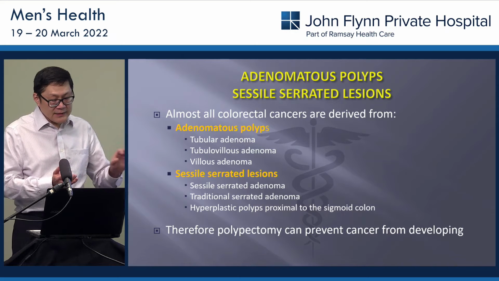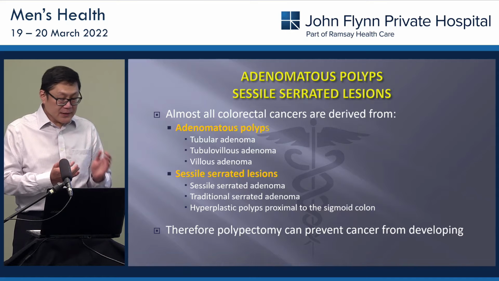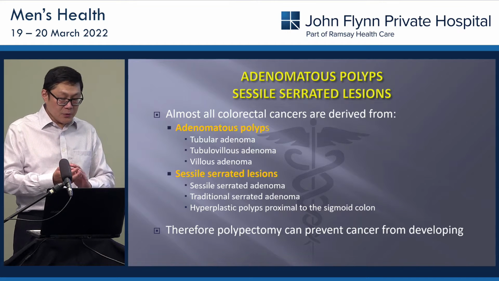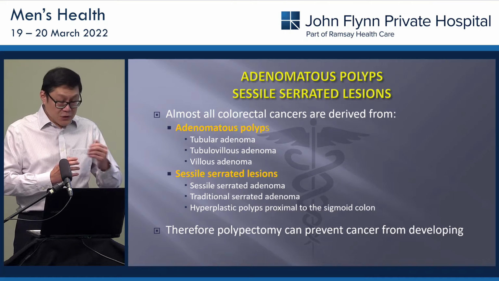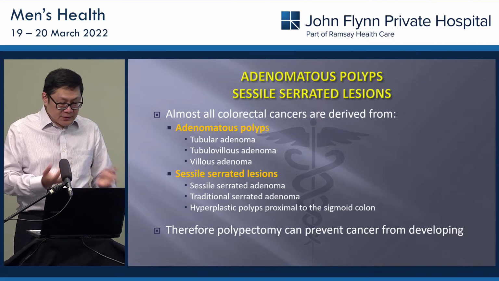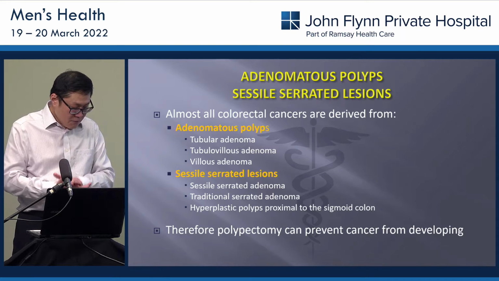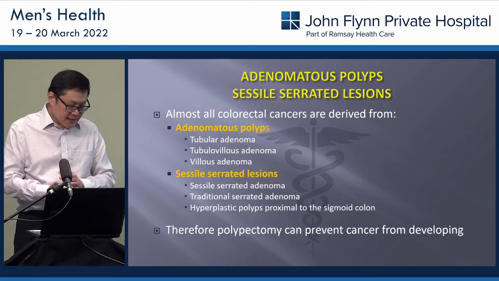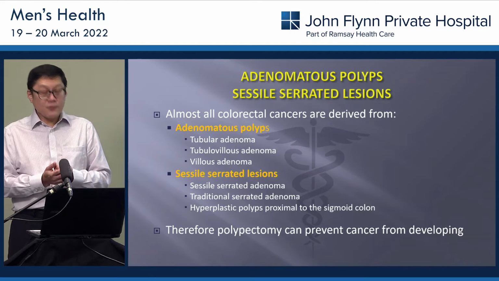Of the adenomas, the tubular adenoma is the most common one, but tubulovillous adenomas and villous adenomas, although less common, do confer an increased risk of malignant transformation. Sessile serrated lesions, we are becoming more aware of these, as we understand that these are also associated with an accelerated malignant transformation.